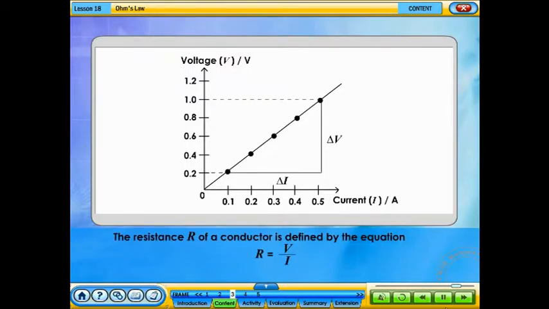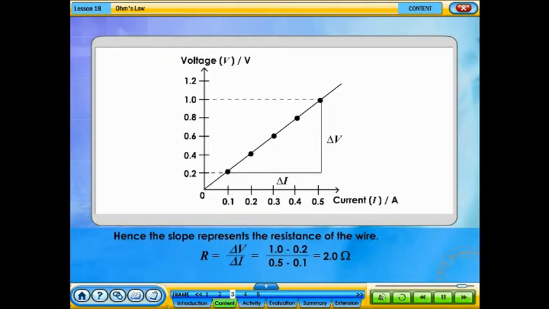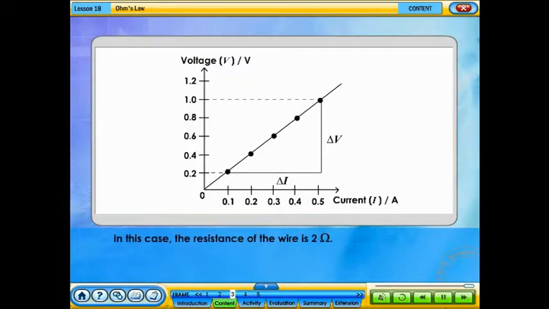The resistance R of a conductor is defined by the equation R equals V over I. Hence, the slope represents the resistance of the wire. R equals delta V over delta I equals 2.0 ohm. In this case, the resistance of the wire is 2 ohm.